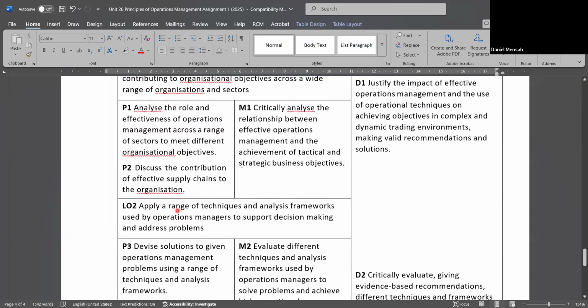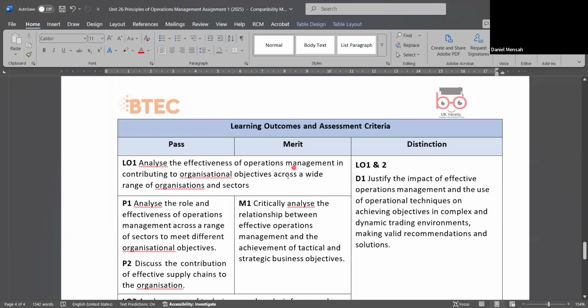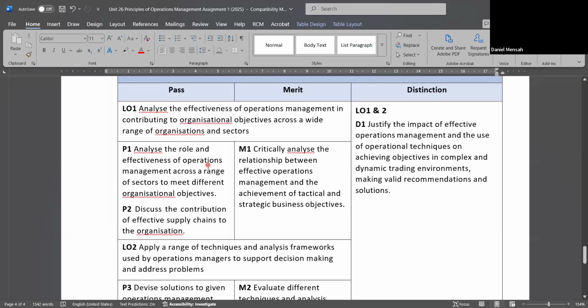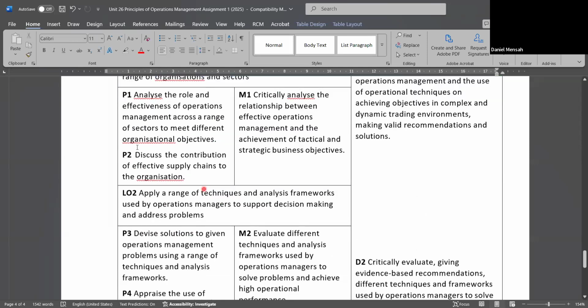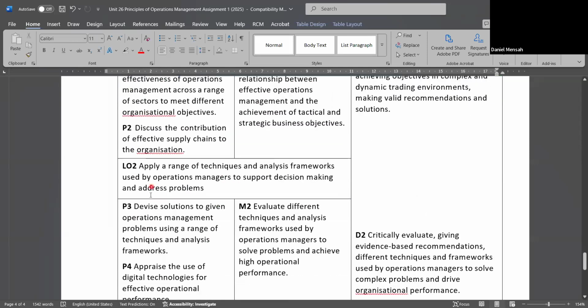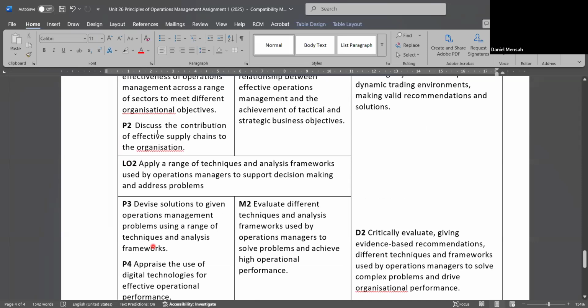Okay, so there is learning outcome number one. There are three grades: pass, merit, and distinction. If you want to pass, you need to meet the P1 to P3 criteria.